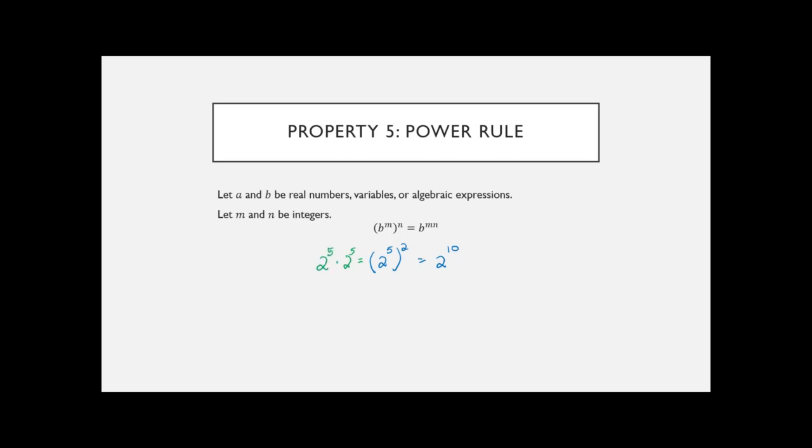So that outer exponent of 2 is telling us that we have 2 of the insides. And then if we use our rule for the multiplication of like bases that we already saw, you add the exponents, 5 plus 5, you get 2 to the 10. So this power rule comes about from using our prior rules. And so we basically notice a pattern, and okay, it's basically you just multiply those.